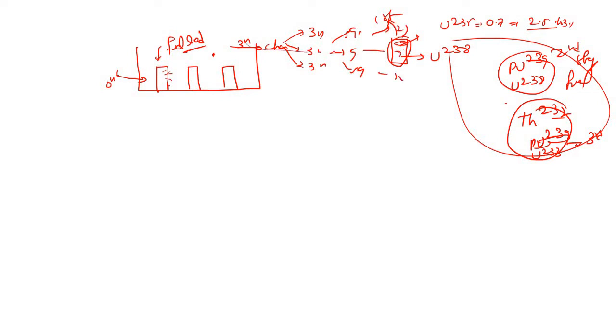So this chain keeps increasing and a lot of energy is released. So we want to remove some neutrons from here so that it can be controlled. So what we'll do is insert control rods, because we want to control it, that's why control rods are inserted.